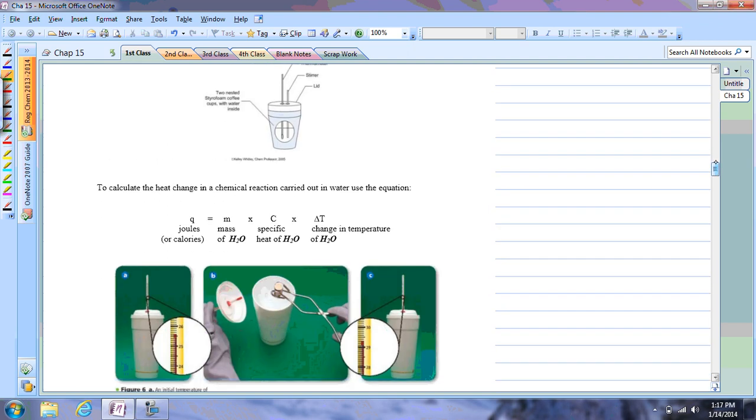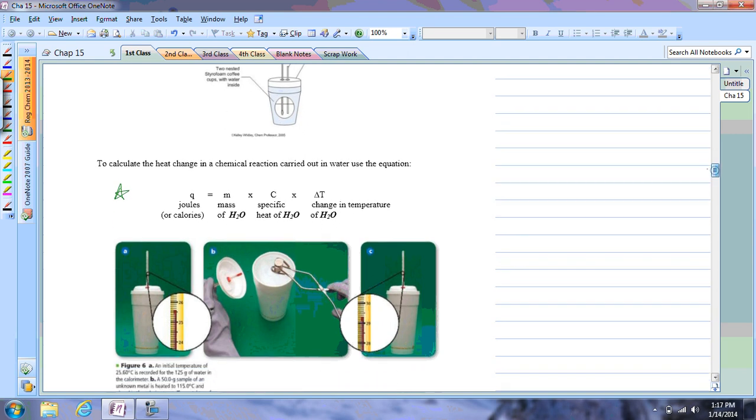The cool thing is, it's the exact same equation that we used for measuring heat. Q equals M times C times delta T. The difference is we're measuring the water inside the calorimeter. What the object loses, the water gains.